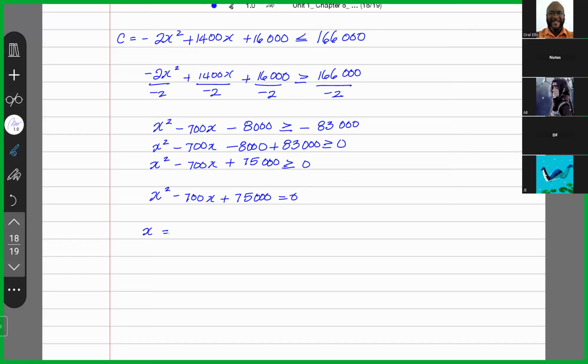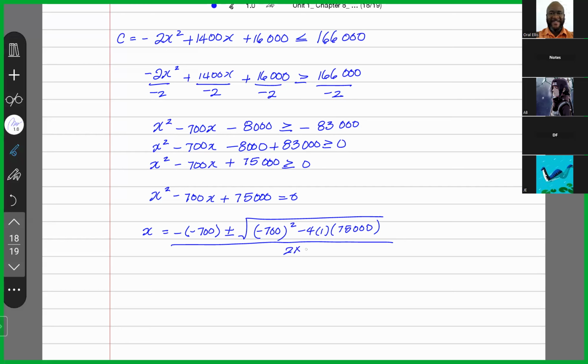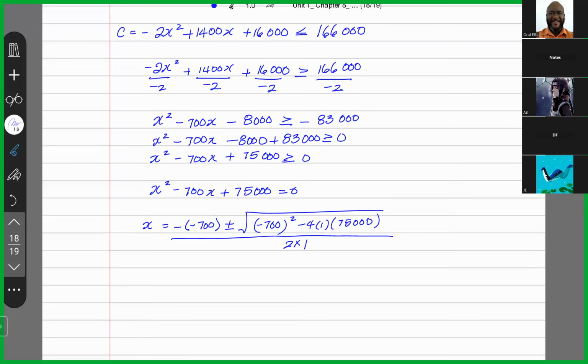So x would be equal to minus minus 700 plus or minus the square root of minus 700 squared minus 4 times 1 times 75,000, all over 2 times a, which is 1.